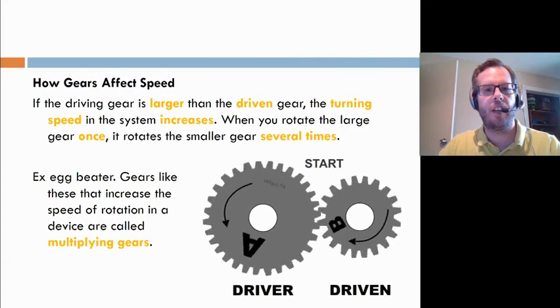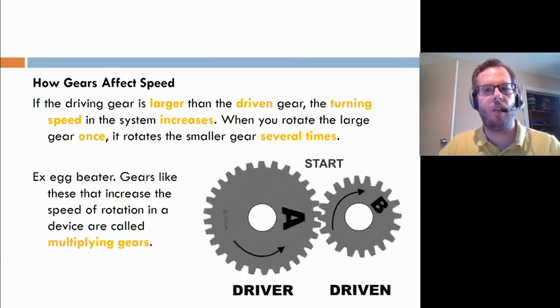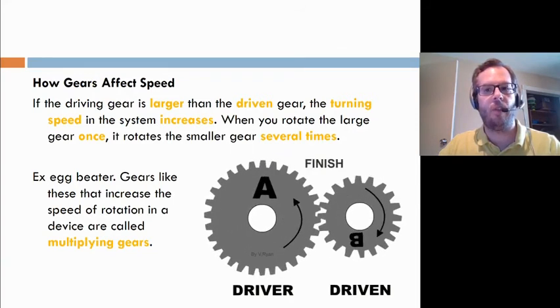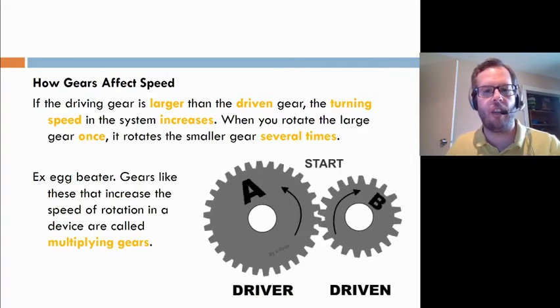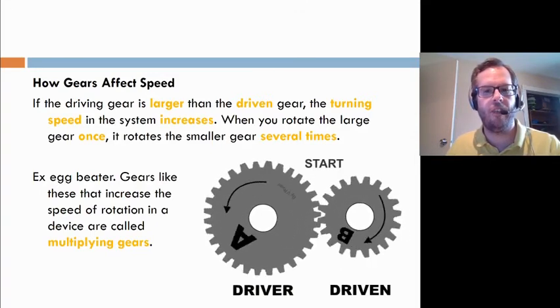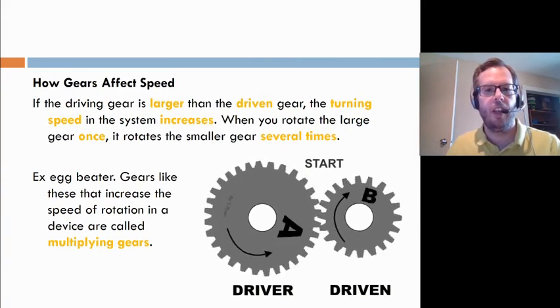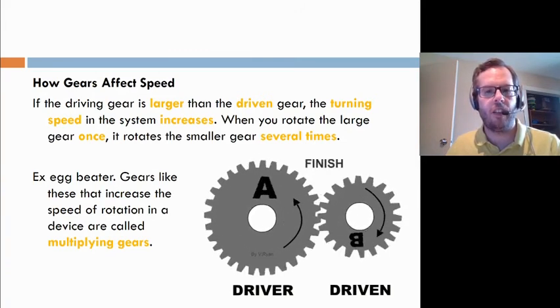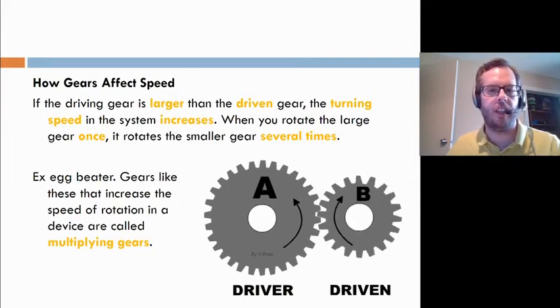Okay, now let's start talking about how gears affect the speed, or how they affect the force. Okay, if we take a look at our first scenario here, if the driving gear is larger, and in this case here it's called the driver gear, but this is the driving gear and this is the driven gear. So if the driving gear is larger than the driven gear, you'll notice that there is a turning speed increase in this system.